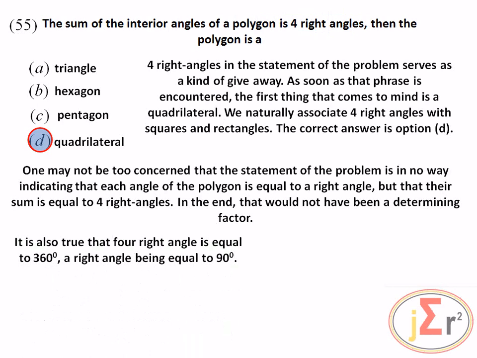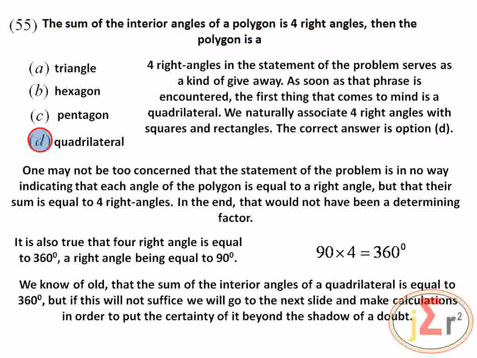It is also true that 4 right angles are equal to 360 degrees, a right angle being equal to 90 degrees. So 90 multiplied by 4 is 360 degrees. We know of old that the sum of the interior angles of a quadrilateral is equal to 360 degrees.